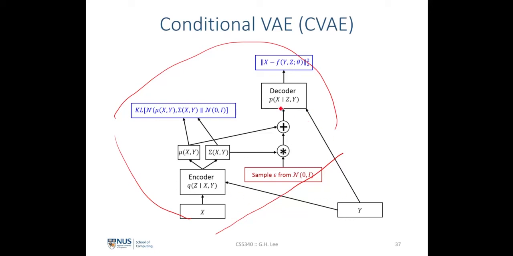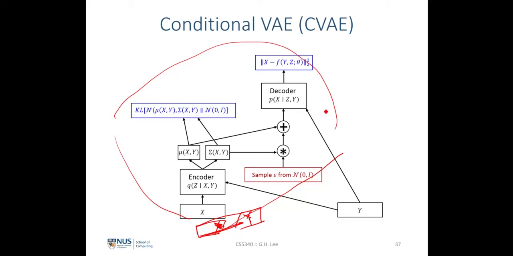Normally the implementation would be that I have just the image, the two-dimensional image, which I vectorize into a vector, and I will concatenate the label y at the end of this vector. So this is x over here, and I will simply concatenate y at the end of this particular vector. And it's the same for the input to the decoder.